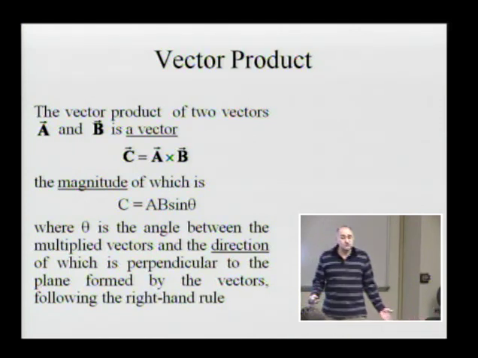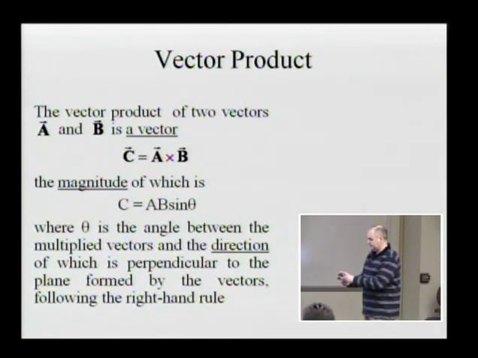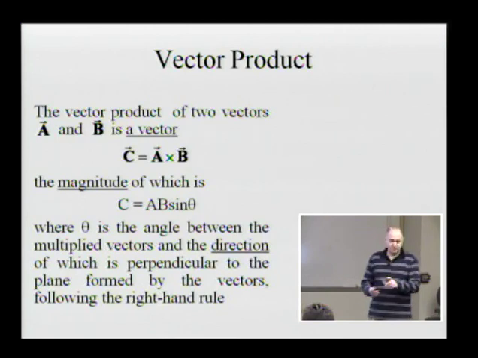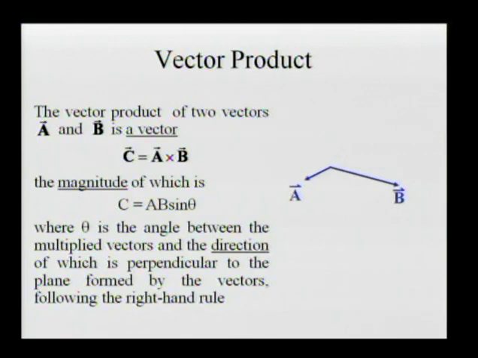Why do we have to use the right-hand rule to determine the direction of vector product? Because this is how we decided. We decided that way. Now, I have to show you how to use the right-hand rule. So let's say that I have two vectors, one in this direction, one in the other direction. And actually, I'll show you how I use the right-hand rule. But this is not the only way.